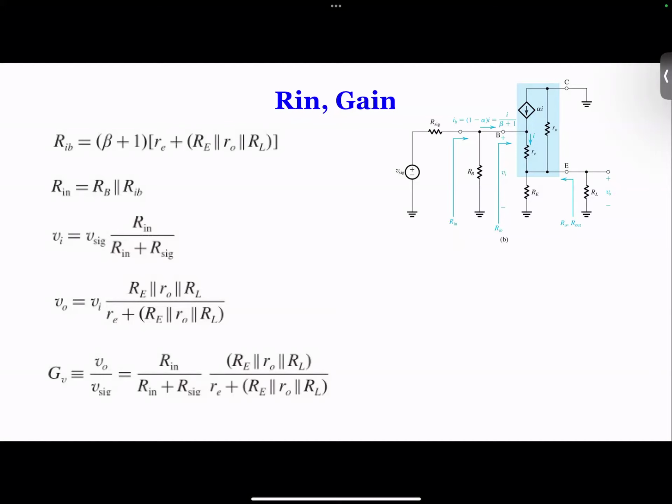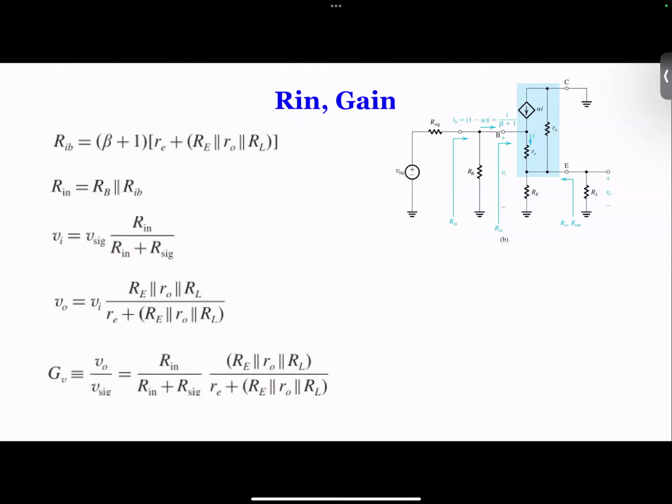So in this example, if you want to find the input resistance, what they did is they're trying to include everything, even the load resistance, which sometimes I don't agree with because the load resistance is not part of the circuit, but you can include it for simplicity.